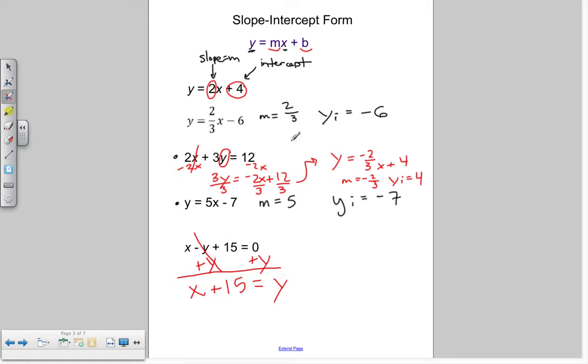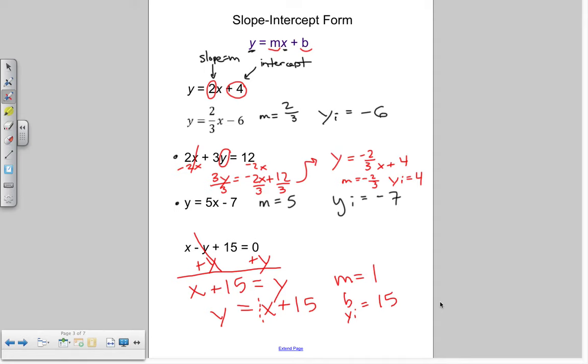So now I almost have slope-intercept form, except the y is on the right, but that doesn't matter because it's equal. y = x + 15. So what's my slope? 1, because remember that coefficient is a 1. What is my b or my y-intercept? I haven't been using b. I could use b or I could say y-intercept, either one, is 15.